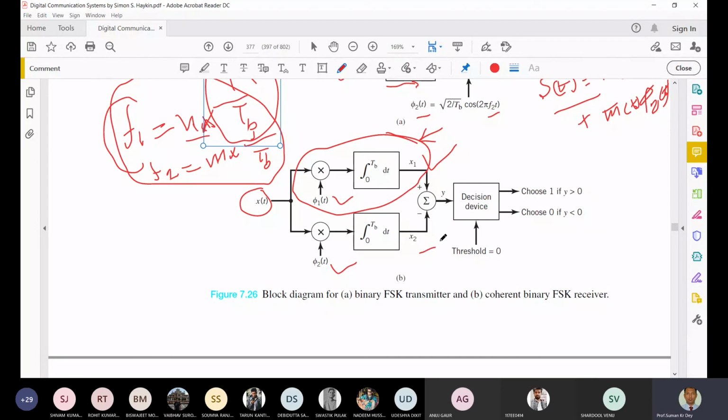Okay. So now see, as we know, there is s(t). Suppose the symbol sent is equal to 1, that means with phi 1 t. So now if that signal reaches there and goes through these two correlators, in the correlator input the signal is multiplied with the basis function, also orthonormal basis function.